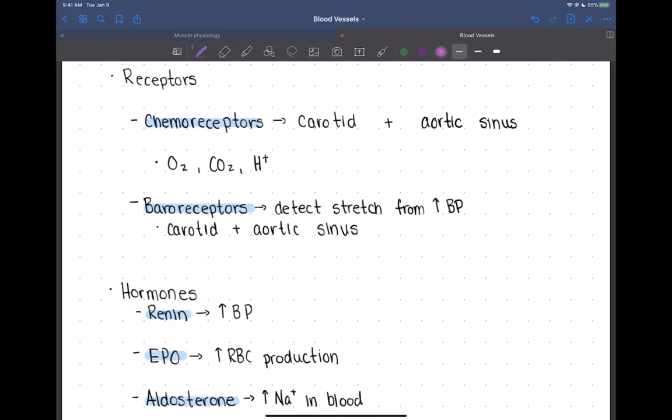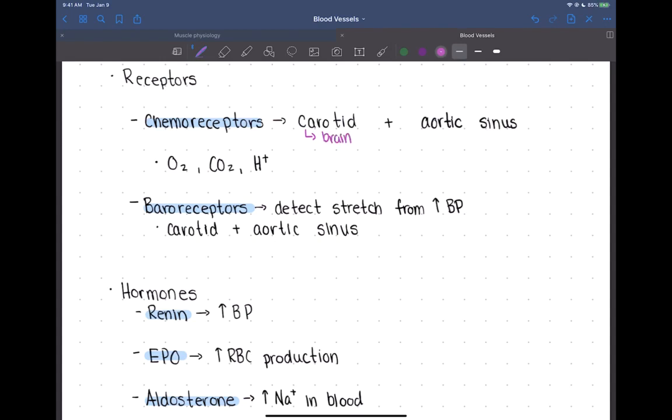All right, these chemoreceptors are going to be located in the carotid bodies, right? Your carotid arteries in your neck, and the aortic sinus, so the aorta coming directly off of your heart. The sensors in the carotid are going to be monitoring blood to the brain.